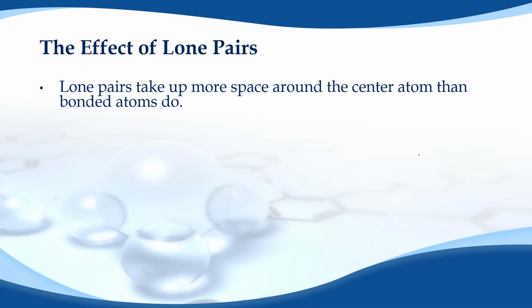Now, when you put lone pairs on the center atom, since those lone pairs are typically closer to the center atom than electrons are in a bond, they take up more physical space around the atom angle-wise. Right? So that means the more lone pairs you have on the center atom, the smaller and smaller the bond angle will get. And it only goes down a little bit, right?